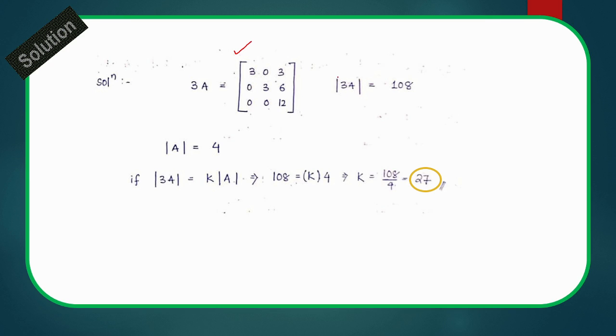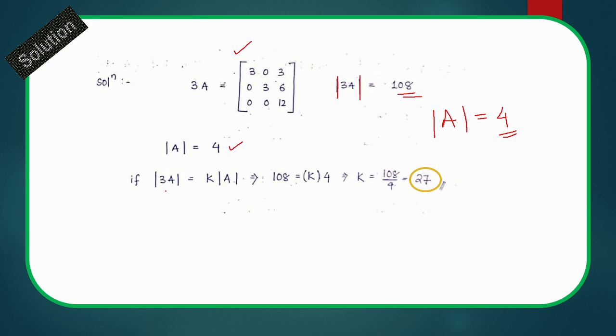If you calculate the determinant value, what is the determinant of 3A? We'll get 108. And the original matrix A, if you calculate its determinant, will come as 4.